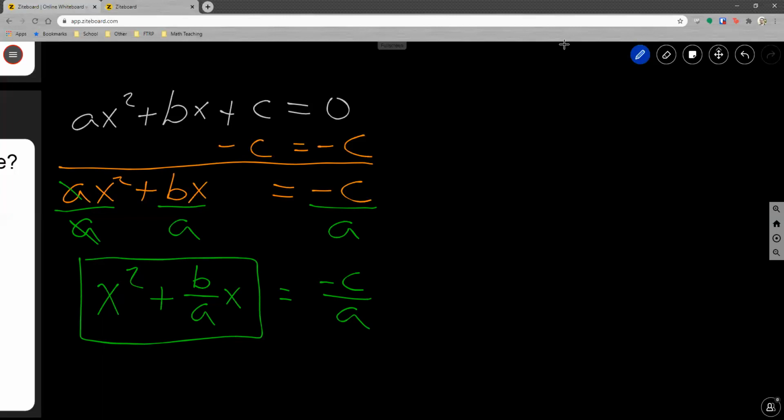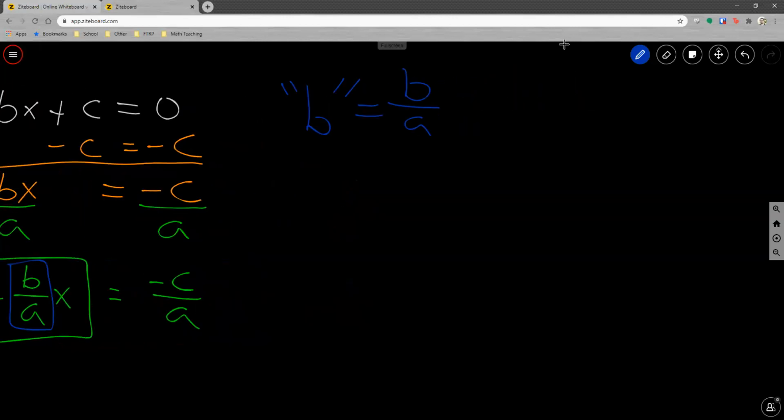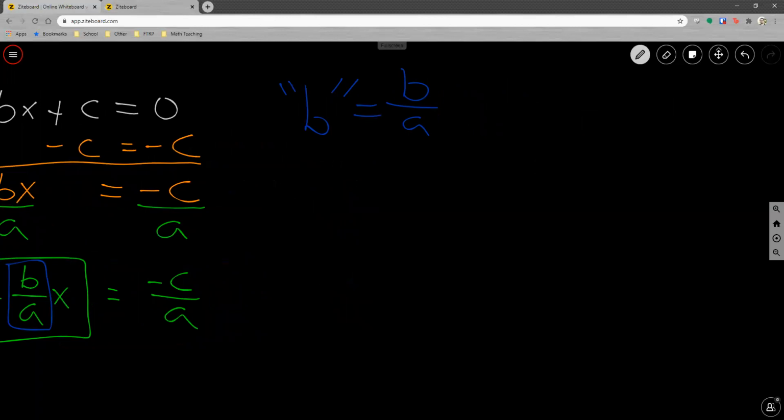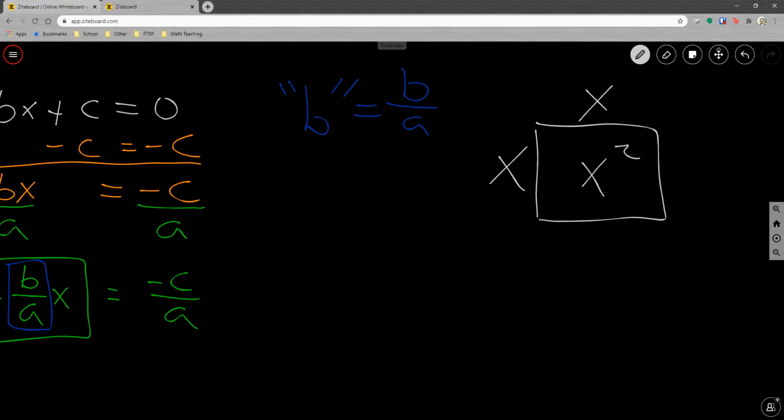Remember, when we're completing the square, it's kind of a 3-step deal as well. We look at that b value. Now today, the b value is b divided by a, because we're doing this very abstractly. I'll put it in quotes; in this case, it is b divided by a. If I wanted to diagram this out, remember I could diagram the completed square like this. x times x is x squared.